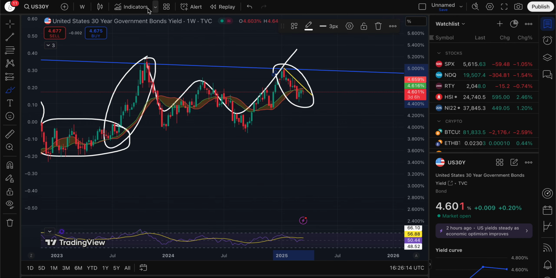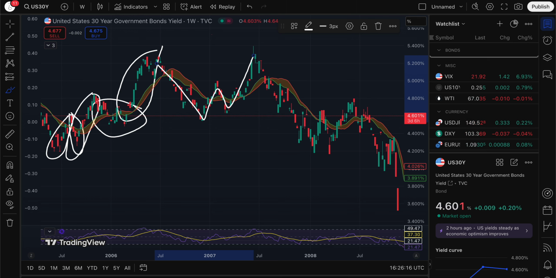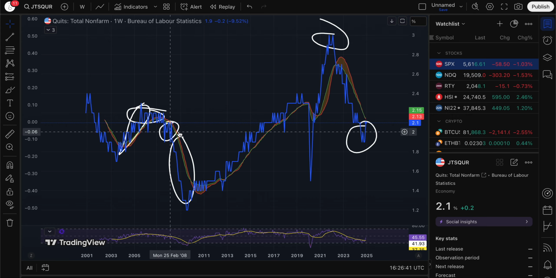If you go back to August of 2007, right here, that is where we are on the quits rate. Okay, we are at the same level on the quits rate where we were in 2007, with kind of the same move on the 30-year yield. A backtest of the bull market support band, and the quits rate really at kind of similar levels.